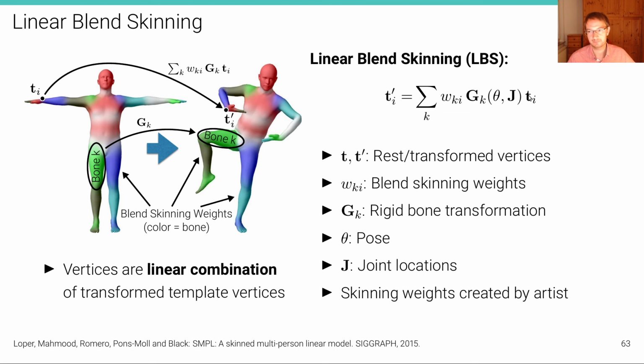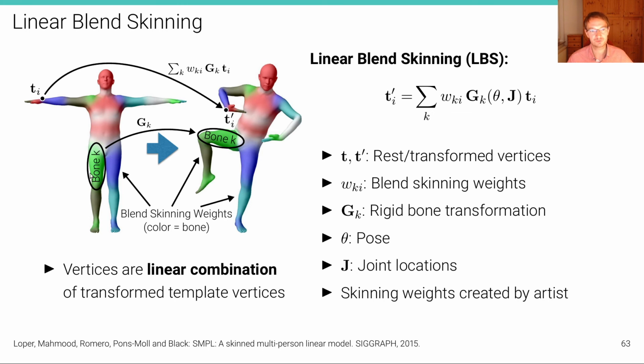And we're going to multiply this with the input point t. So we take this t_i, and by this weighted linear combination of these G's, we're transforming that point here. So what are these G's, this rigid bone transformation? This is illustrated here. So in different colors here, you see different bones. Let's look at, for example, this green bone here, which is the right upper leg.